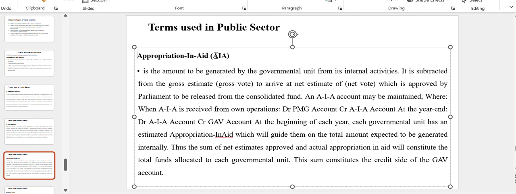You know, county governments are usually financed by the national government through what we call the Commission of Revenue Allocation. So every fiscal year, Parliament will debate the amount of money that will be allocated to county governments. Of course, they work with the recommendation from the Commission of Revenue Allocation.